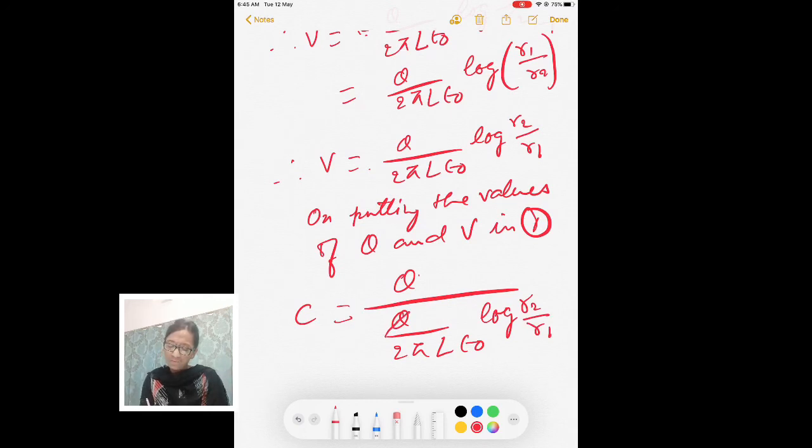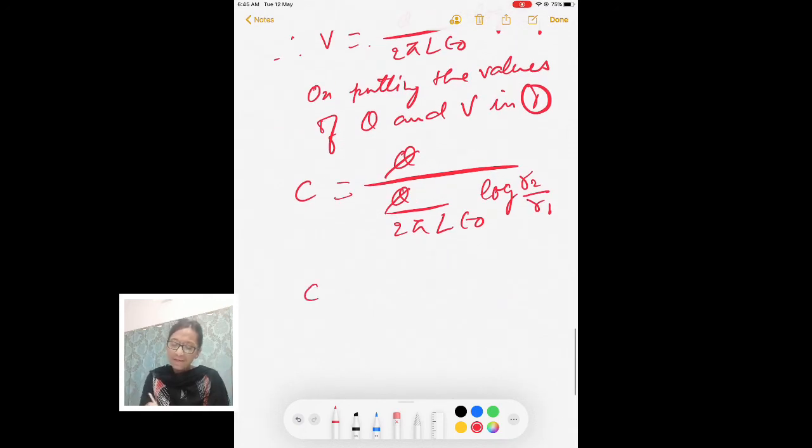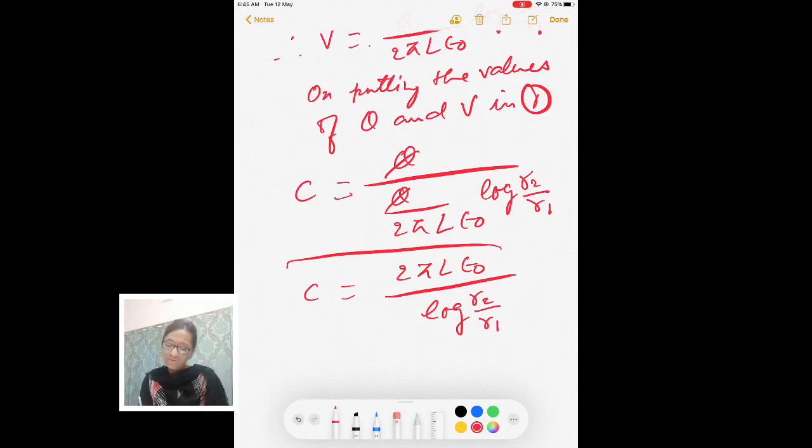So these two are cancelled and C comes equal to 2 pi L epsilon naught upon log R2 upon R1. So this is your capacitance of a cylindrical capacitor.